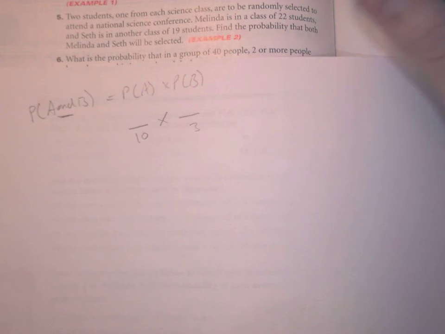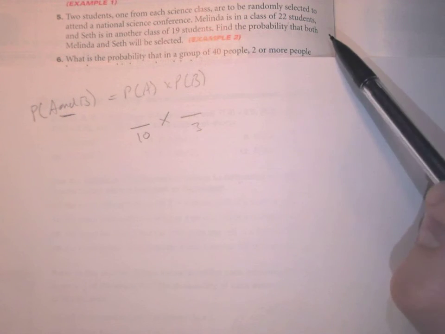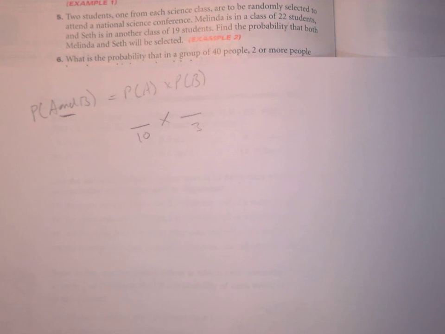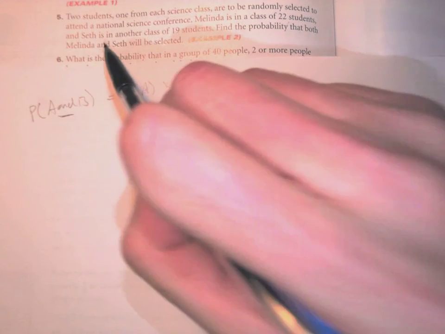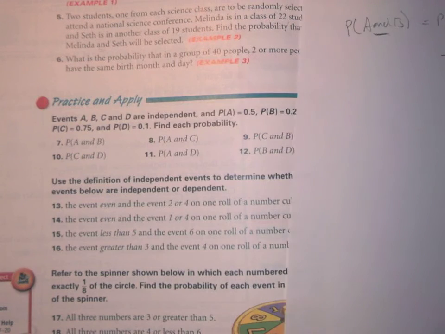Melinda is in this class of 22, Seth is in this class of 19. We want the probability that both Melinda and Seth will be selected. Well, that's going to be a multiply scenario. We just want to find the probability of each event individually and then multiply those probabilities. So I'll let you guys work on that.